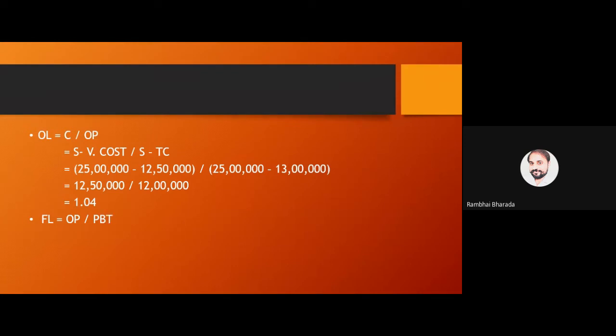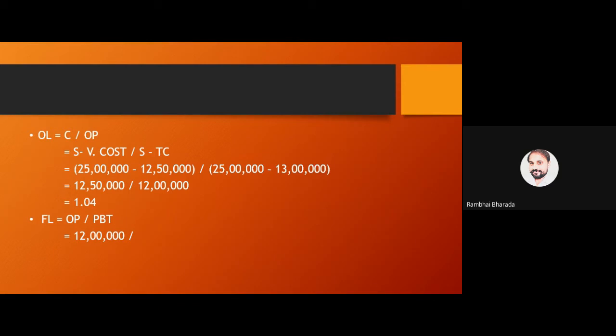OP, already we have calculated operating profit. Here OP is sales minus total cost, and that is 12 lakh. So 12 lakh upon profit before tax. Profit before tax means from this operating profit we need to deduct the interest.